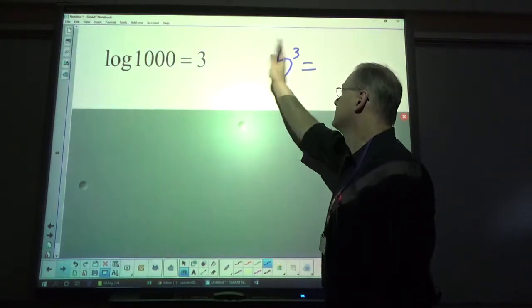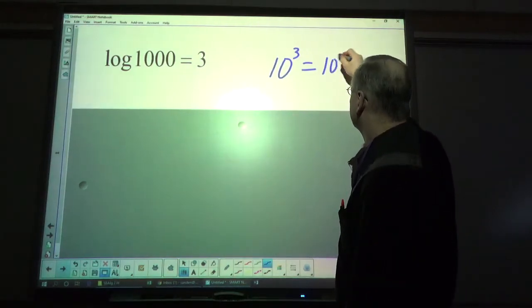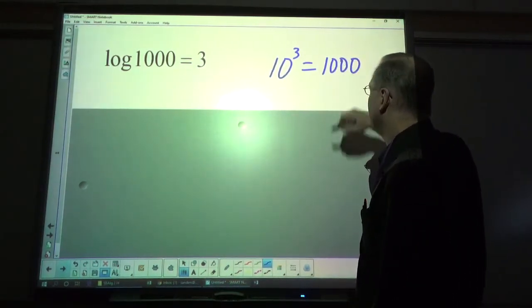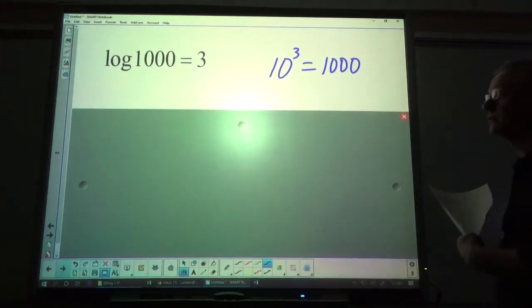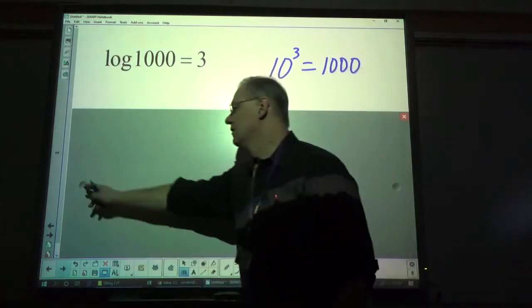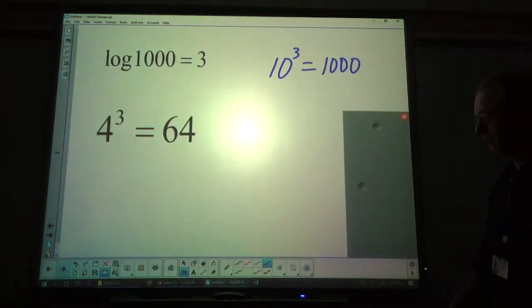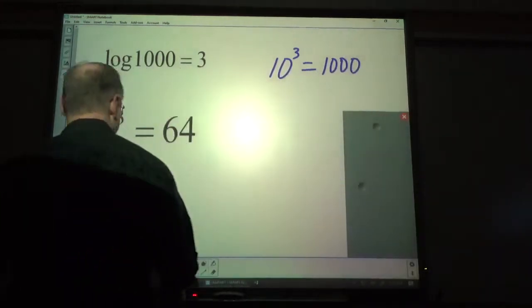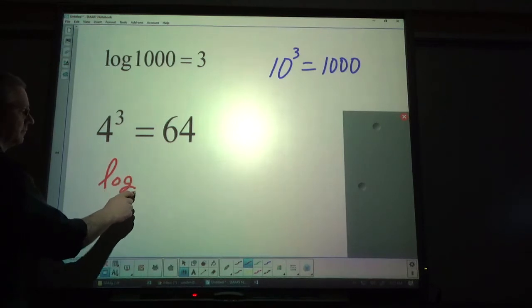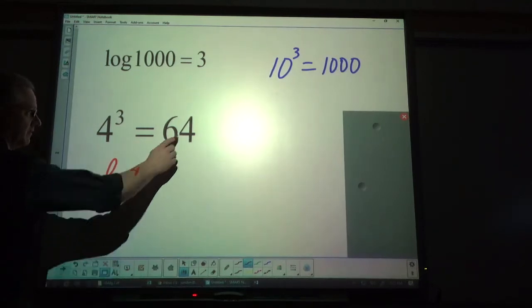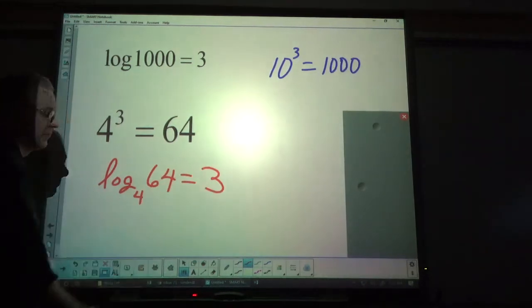The exponent is on the other side of the equal sign from the log, and what you're taking the log of is what the base to the power equals. Write the logarithmic form. Log base 4 of 64 equals the power 3.